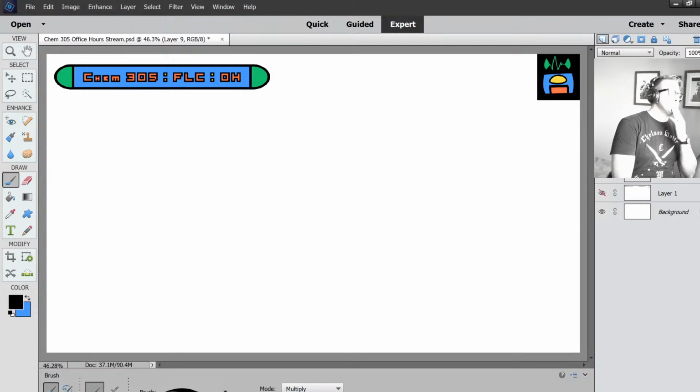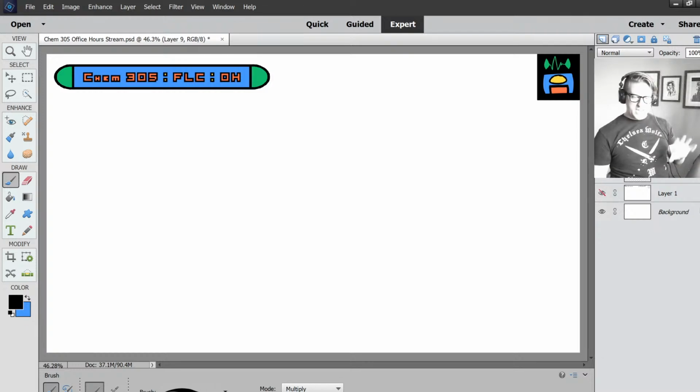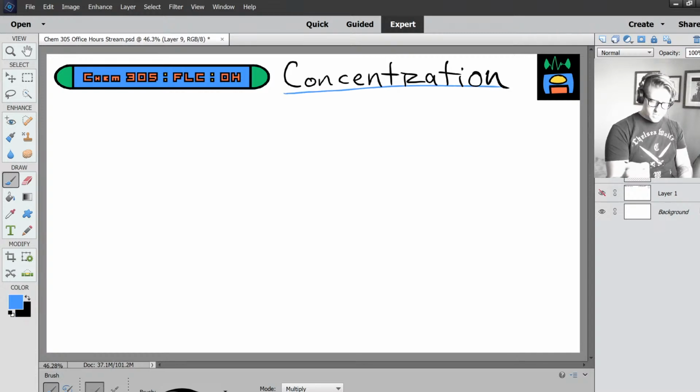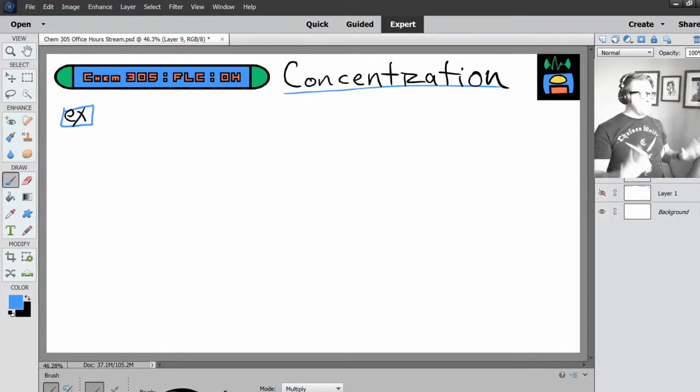So I'm going to write a couple of concentration examples, and maybe I'll just let them float rather than working them immediately. I'll write these, give you a chance to do them, and then maybe we can circle back and work them together.